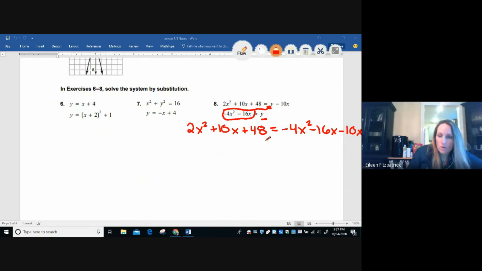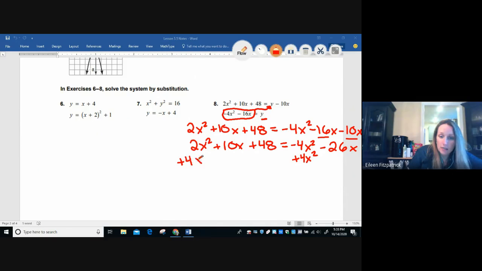All right, so there looks like there are some like terms to combine. So let's do that first. So I have 2x squared plus 10x plus 48 equals -4x squared, and that's going to give you -26x. It looks like it's going to be quadratic because I see x squares. Let's set it equal to 0. So let's move everything on the right-hand side over to the left-hand side.